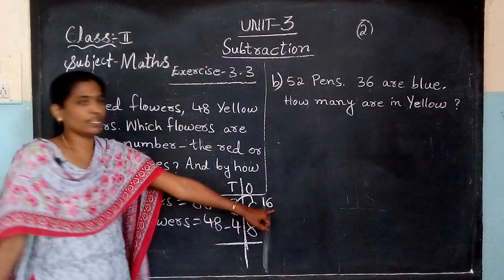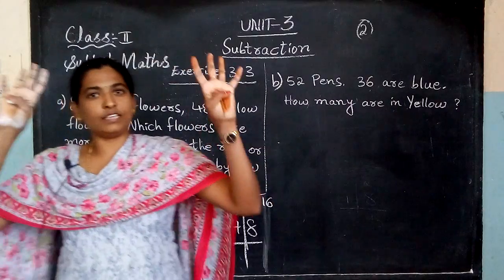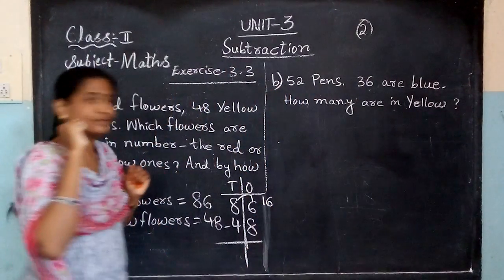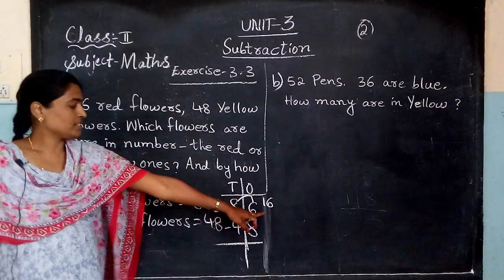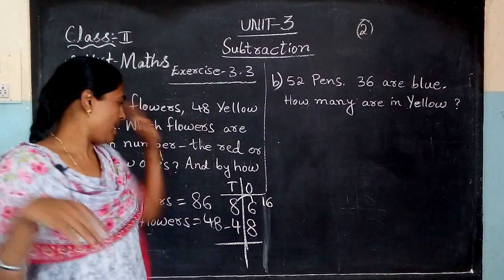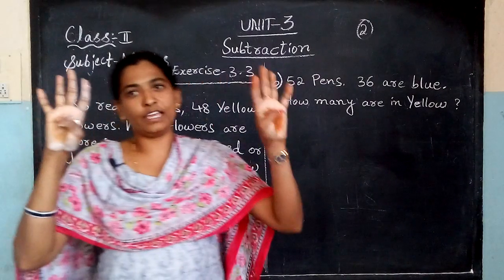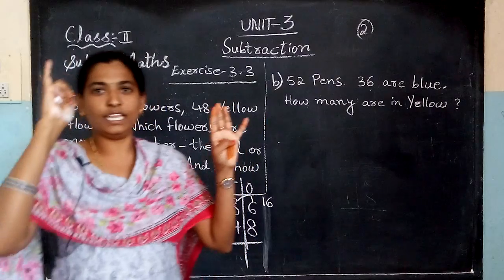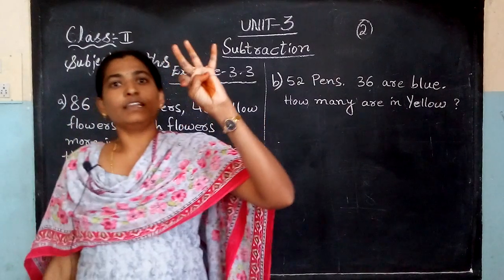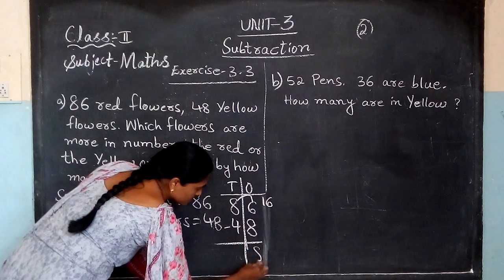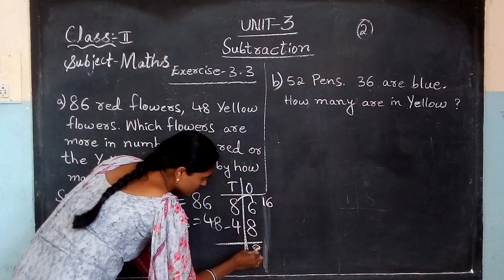Yes? 16 in the mind, 8 in your fingers. From 16, 8 you have to take away. 16 before: 15, 14, 13, 12, 11, 10, 9, 8. What you got? 8. Answer is 8.